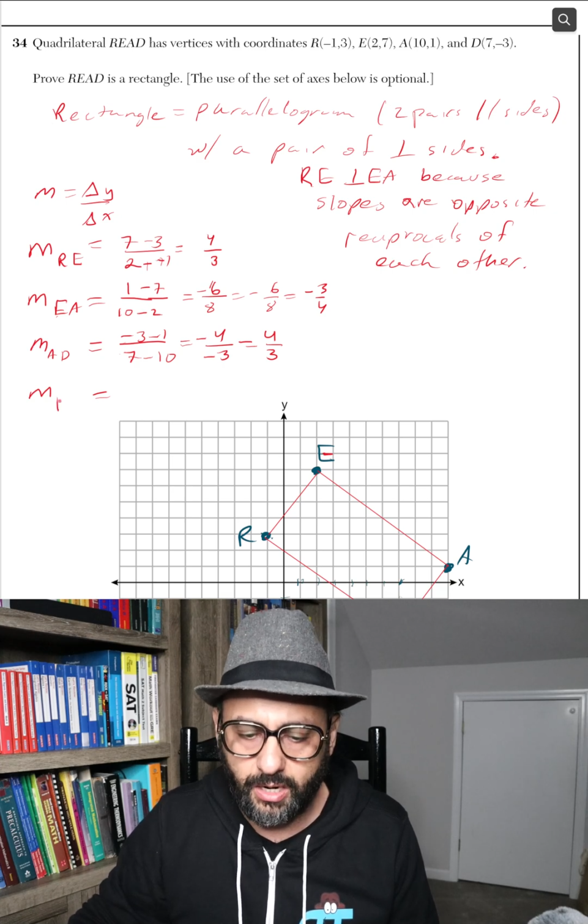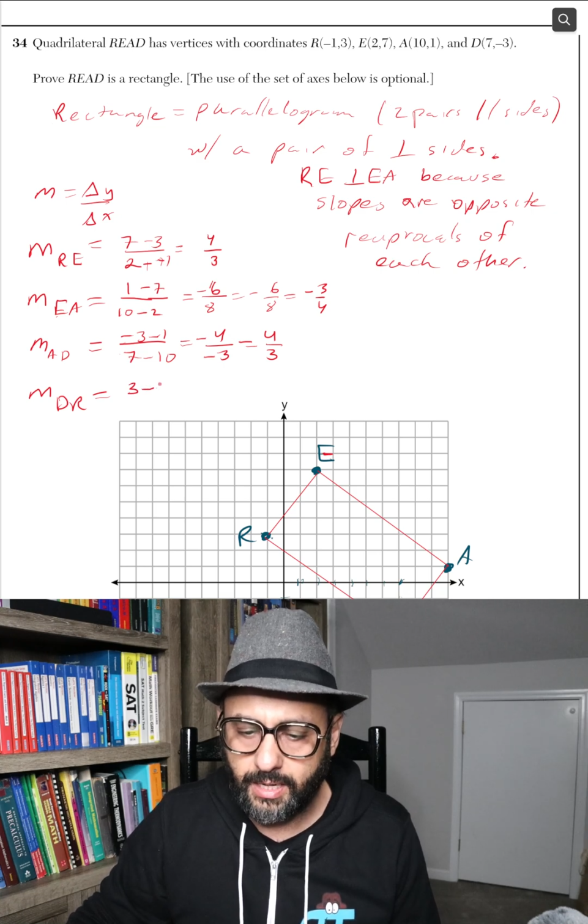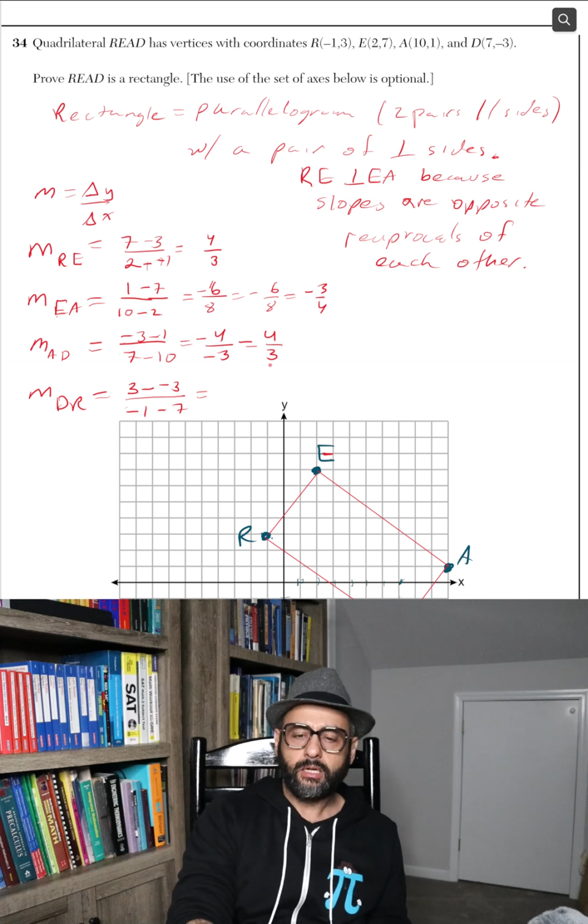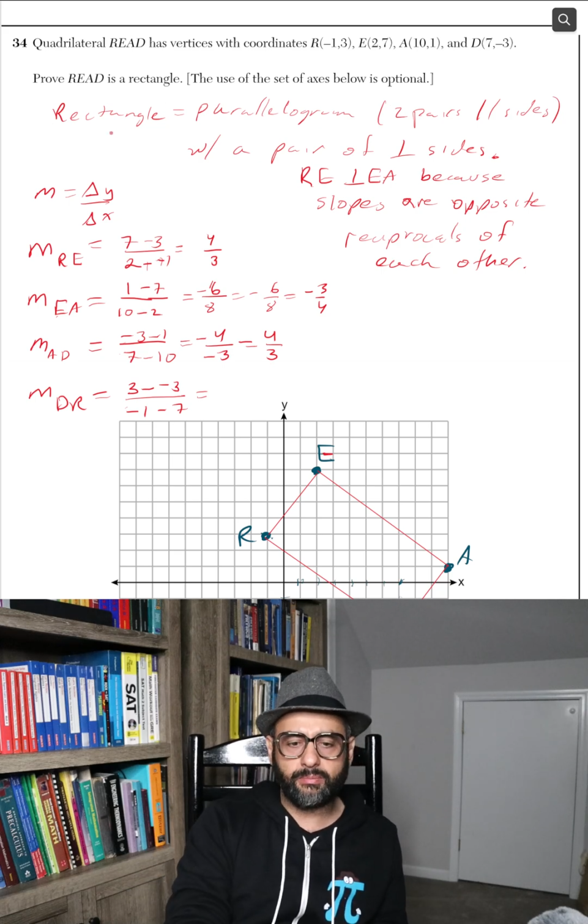I need to do dr. dr is equal to final minus initial, so r first, 3 minus negative 3 divided by negative 1 minus 7. And I better get 3/4 out of this. But this one I promised you that I would show you on the calculator, so I'm going to show you this one on the calculator.